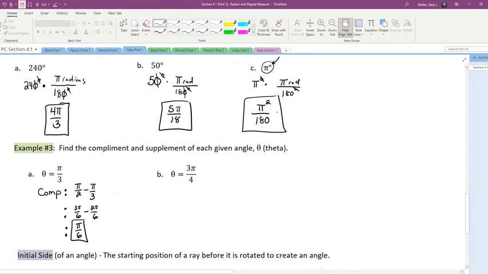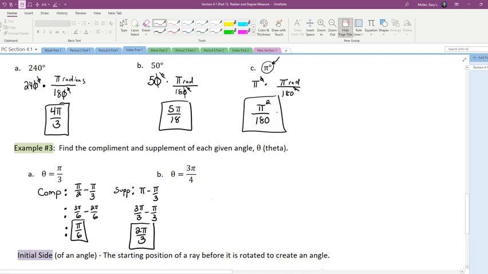The supplement, we would just take our angle and subtract from 180 to get what's left over. Or in our case, we're going to take our angle and subtract it from pi. So pi minus pi over 3. I'm going to turn pi into 3 pi over 3 minus pi over 3, and I get 2 pi over 3.